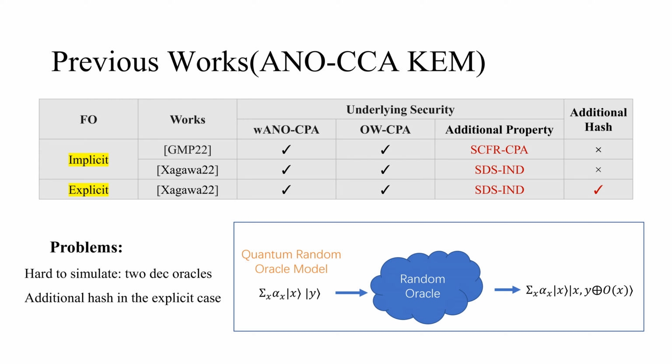And ANO-CCA security is a stronger form of anonymity, which involves providing the adversary with decapsulation oracles. There are 2 main problems to prove ANO-CCA security of FO in the QROM.